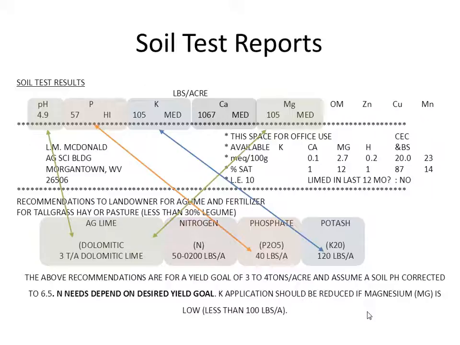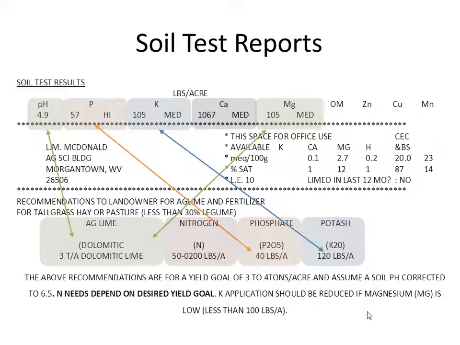The magnesium was on the low side, so we're going to recommend that you use dolomitic lime or a liming material that has magnesium. The phosphorus was high, and so we're going to recommend a lowish amount of phosphorus to go on that field, roughly removal rates. All right. The potassium was medium, and so we're going to make a higher potassium recommendation.